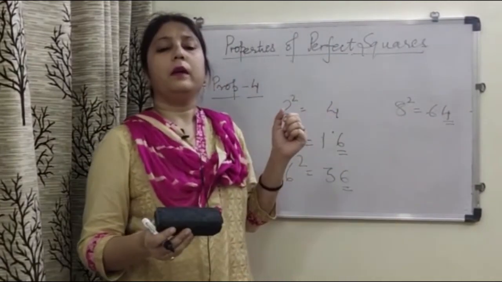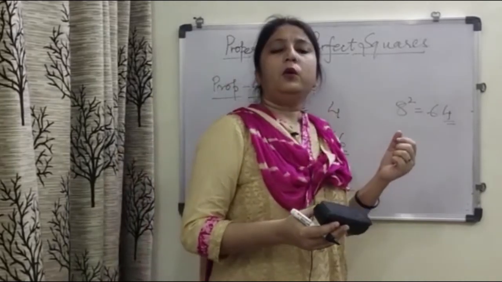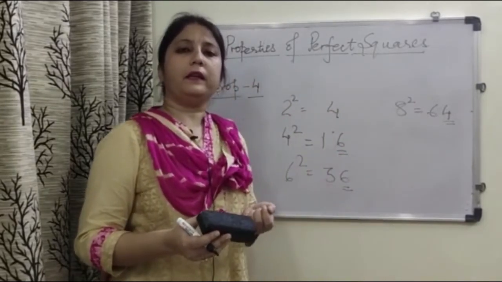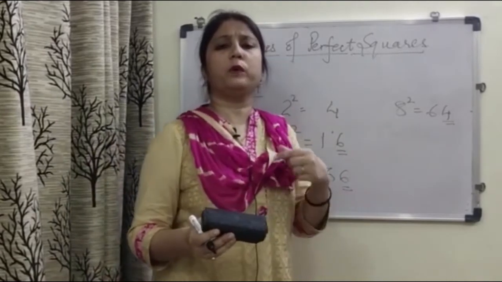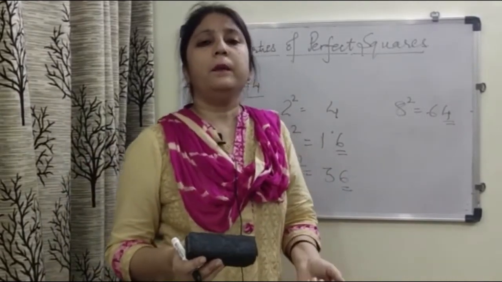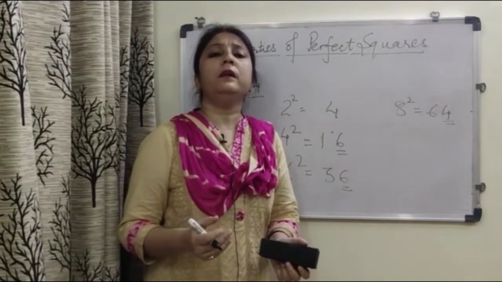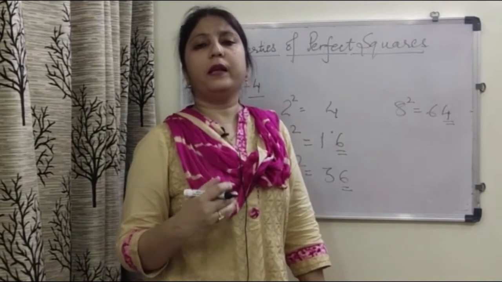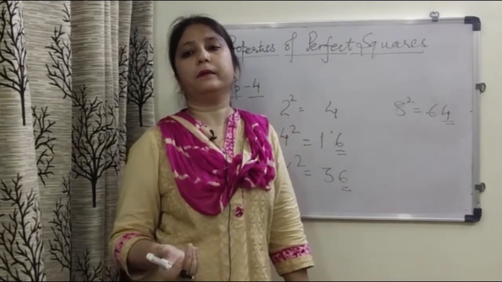So whenever a number is ending with 2, 4, 6 or 8, even numbers, its square will end with again an even number. So we have concluded that the square of an even number is always an even number.